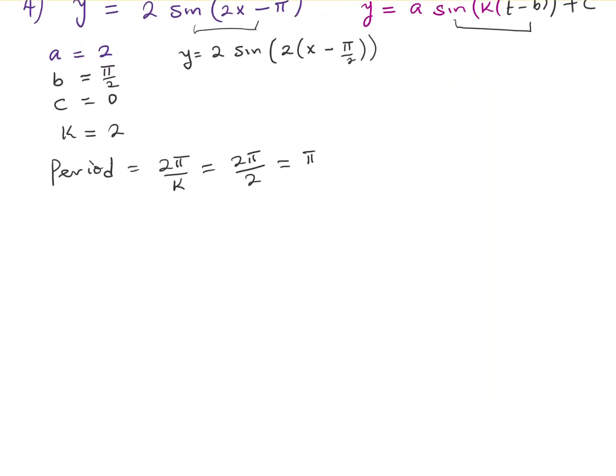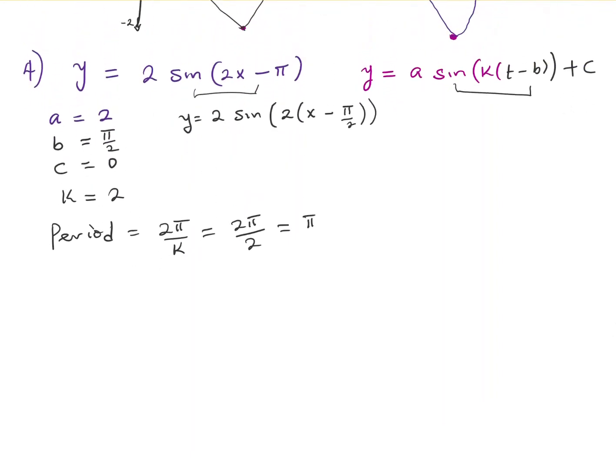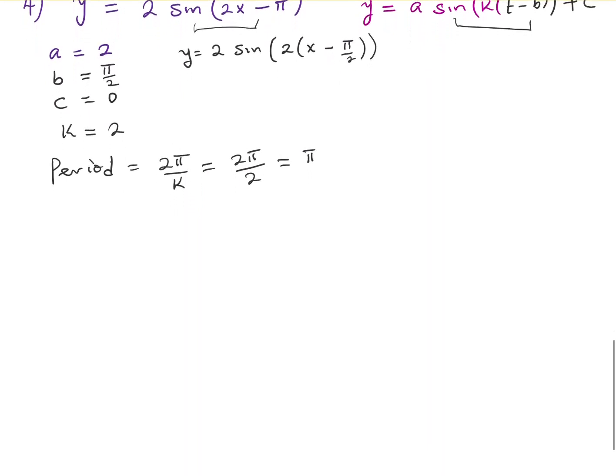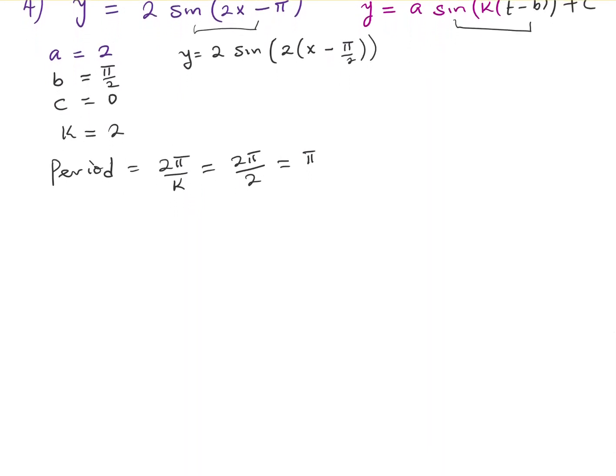All right, what else do we need? Looks like we are ready. Again, you know that we need to divide this into 4, right? To know when we have the first cycle.